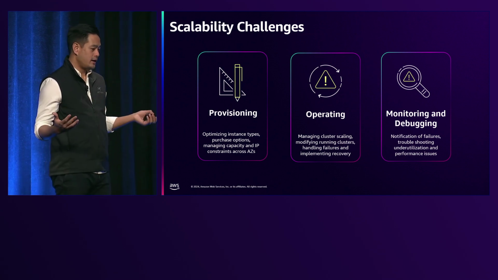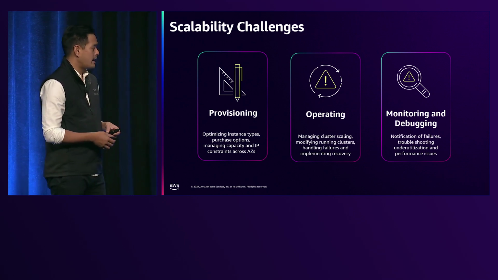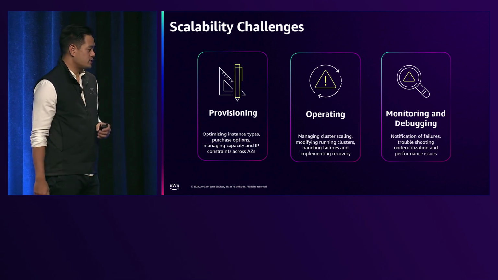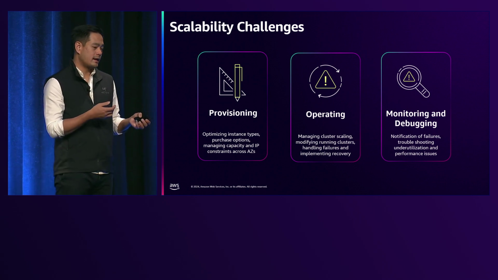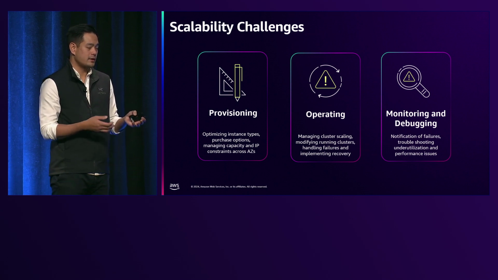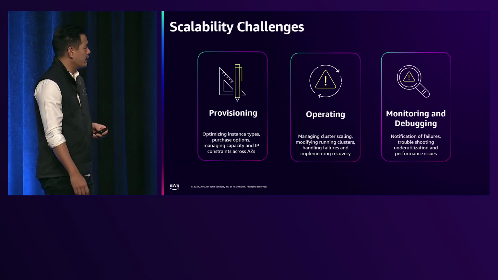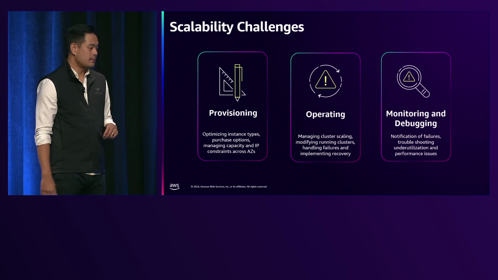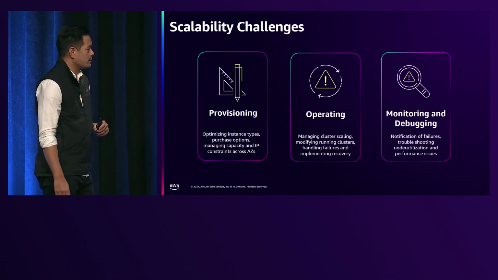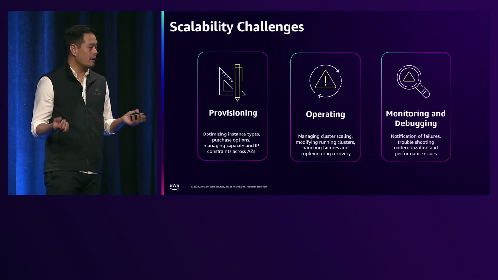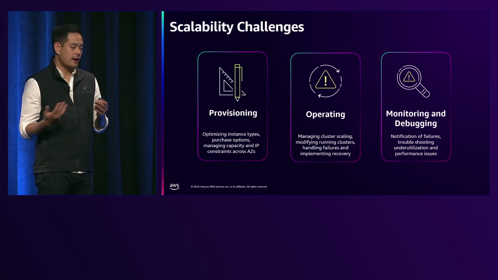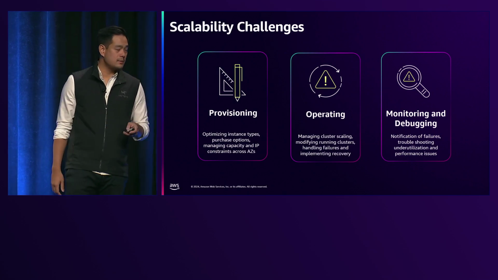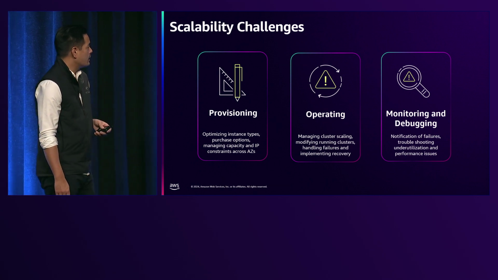After the cluster is up and running, operating that cluster and making sure it stays healthy, so doing things like deployments on a running cluster that don't impact what's already running there. And then on top of that, you need monitoring and debugging, which is a pain point we hear a lot from customers, making sure that when there are issues, you're notified right away and you have the right tools and logging observability to root cause quickly.